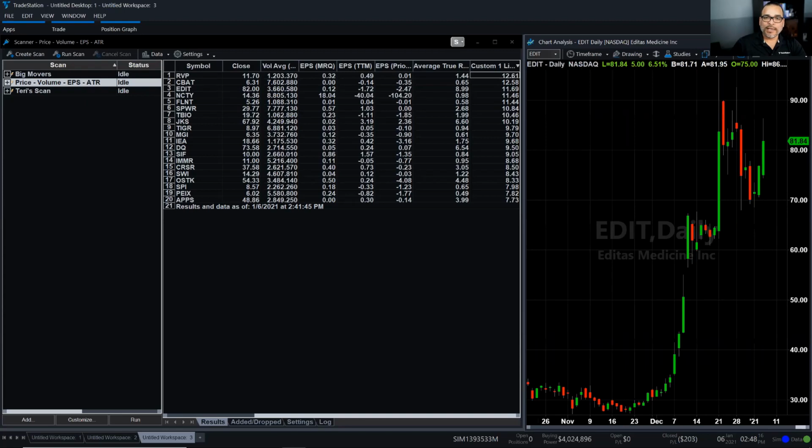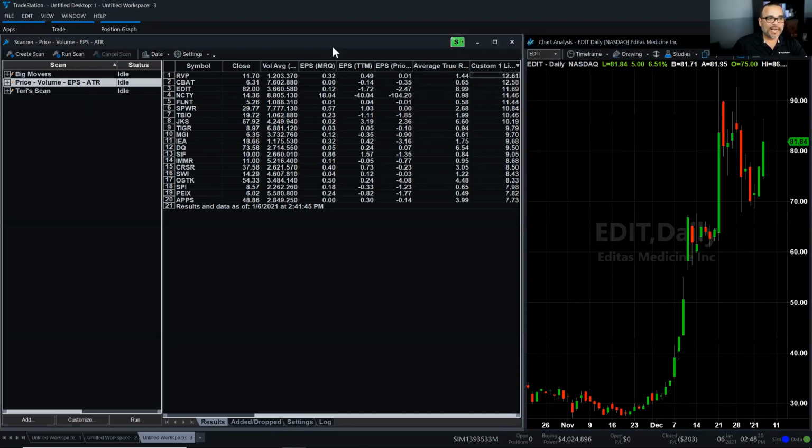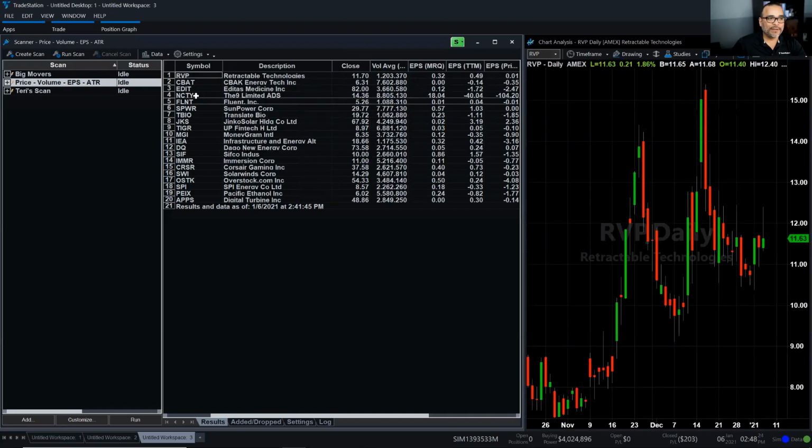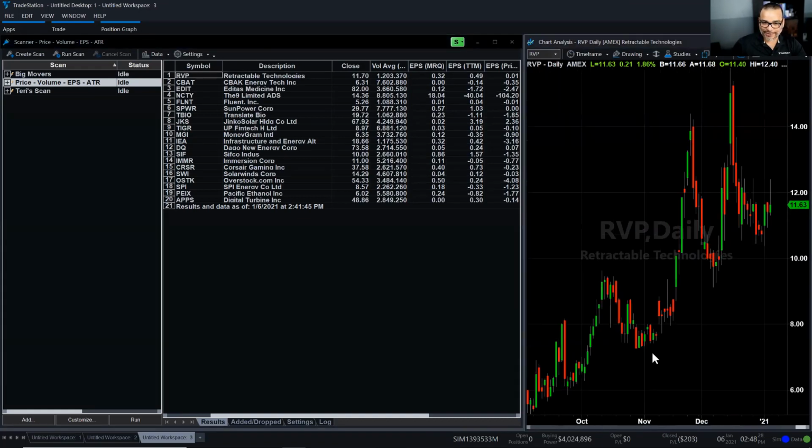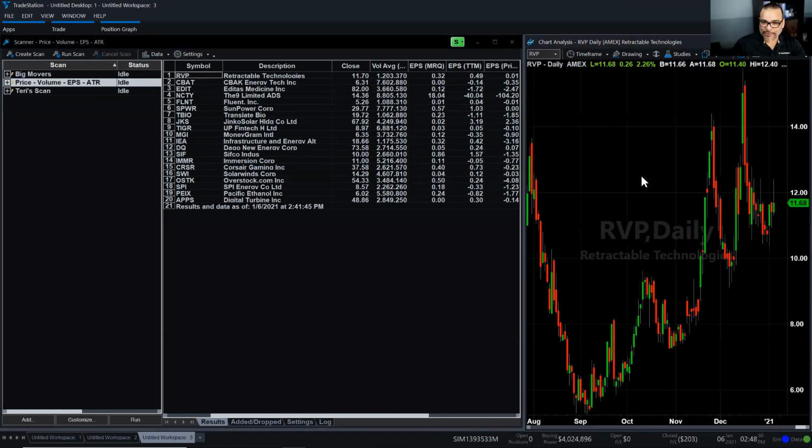Okay, and I'm going to link my chart by using the linking buttons up here to my scanner. Now I can take a look at RVP, which is Retractable Technologies. Take a look at the price activity. It doesn't seem like there was a reorg or a sudden change in price. It just seems like this stock moves a lot.